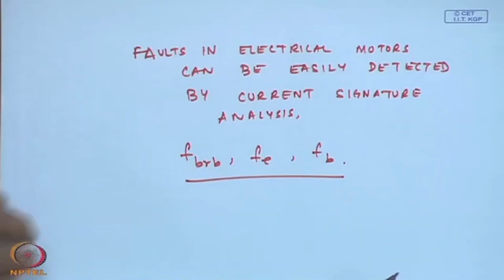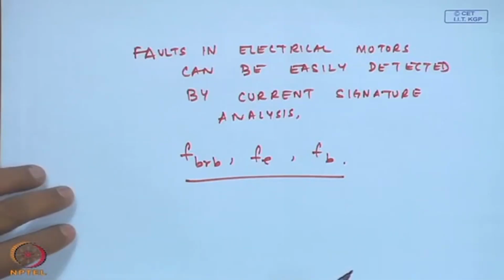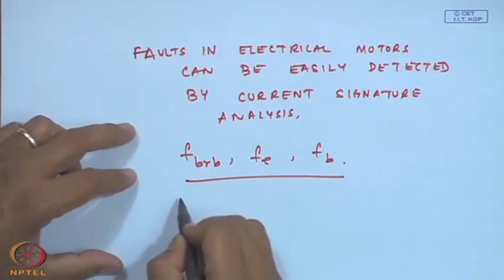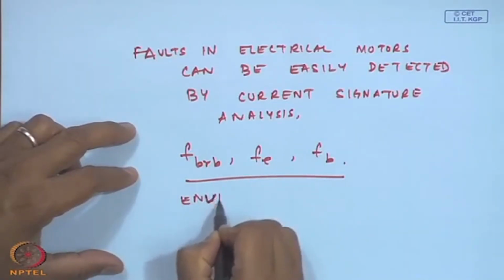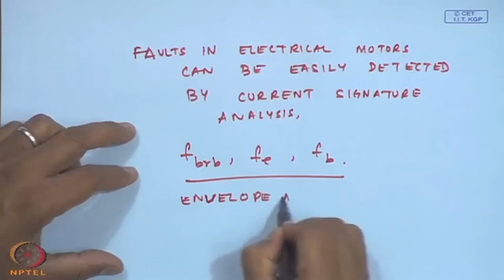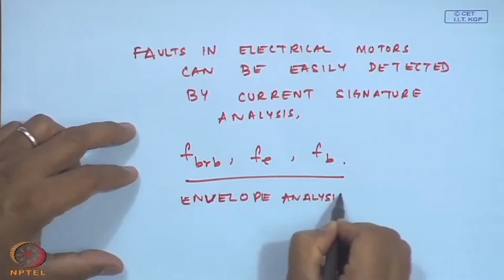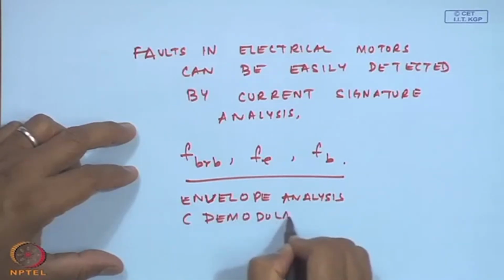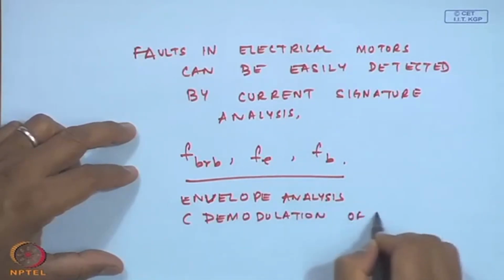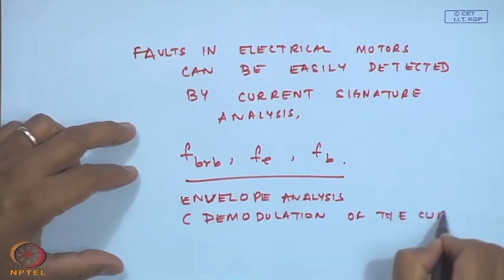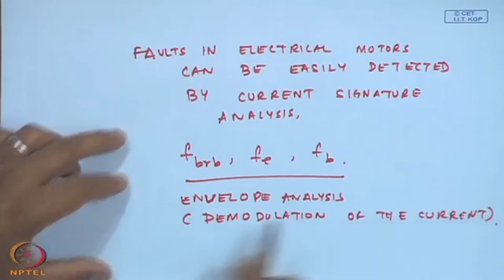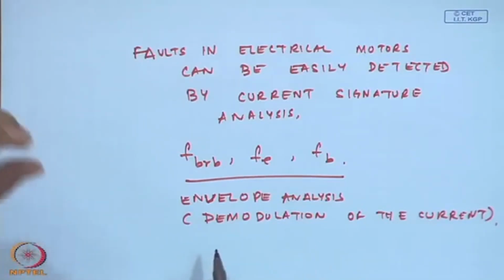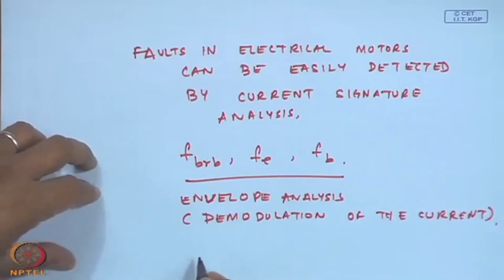And we have seen in the 3 equations in the previous slides how they can be estimated. In the current signature analysis they will be actually modulated. So, we have to do an envelope analysis, which we had discussed earlier, which is what is known as demodulation. Demodulation of the current to find out these frequencies. And with load, with defect severity, the side bands are going to increase in their magnitude.